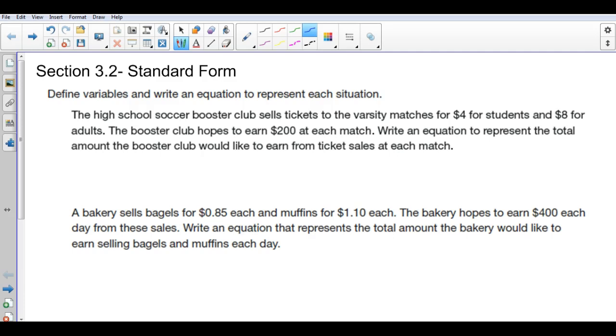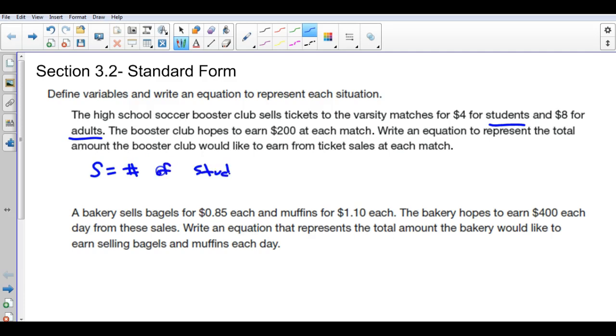So write an equation to represent the amount that they would like to earn from the ticket sales at each match. So first thing I want to do is define my variables here. First thing, think about what their variables are. They're not changing the price for the number of tickets, but what the two variables are the number of tickets that they sell. So I'm going to let S be the number of student tickets.